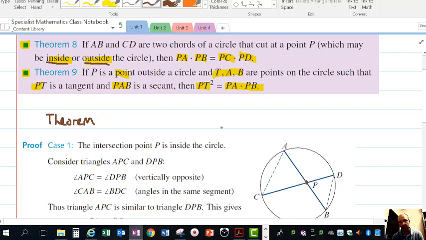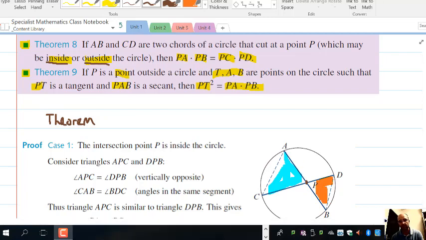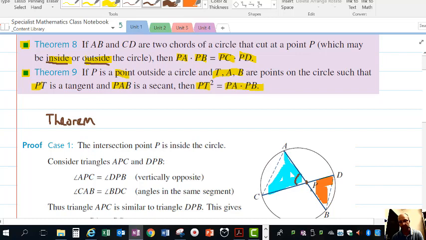There's two of them, and I'll shade this one in, which is called APC, and the other one DPB. You'll remember that vertically opposite angles are equal, and we have vertically opposite angles here at APC and DPB, hence they're equal.